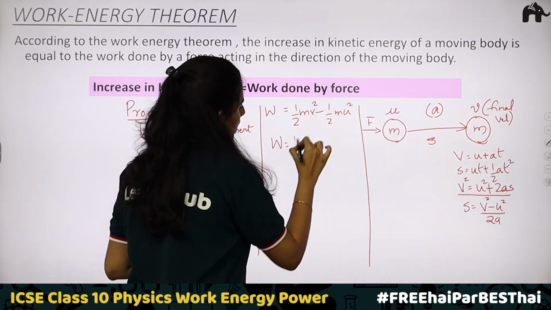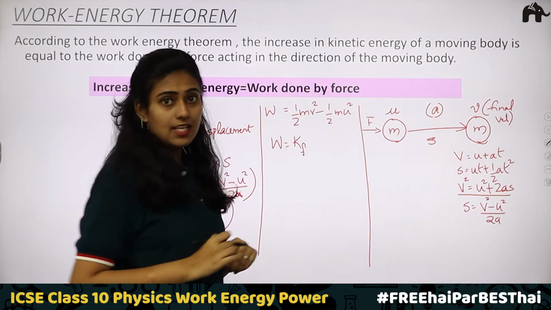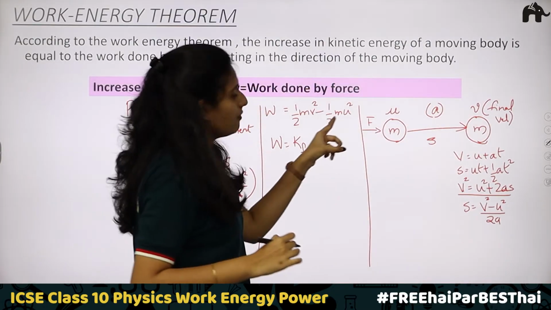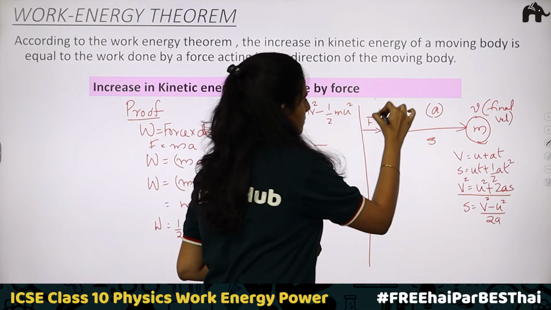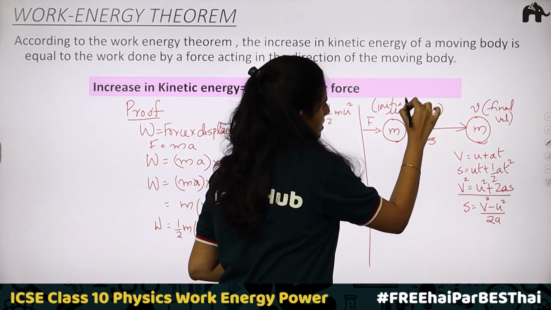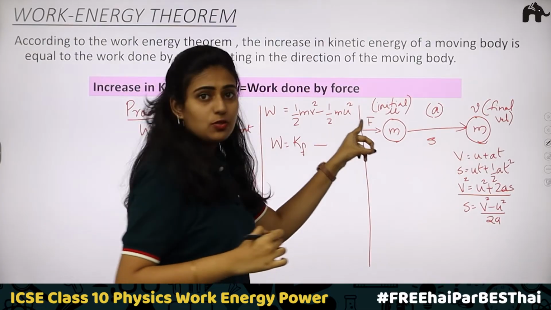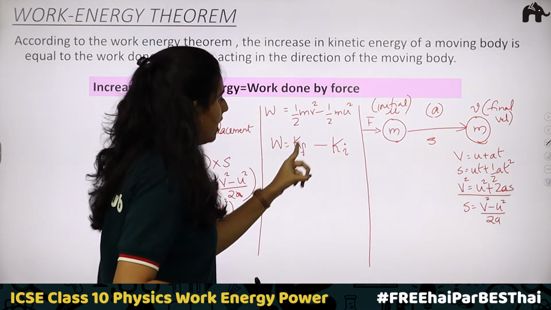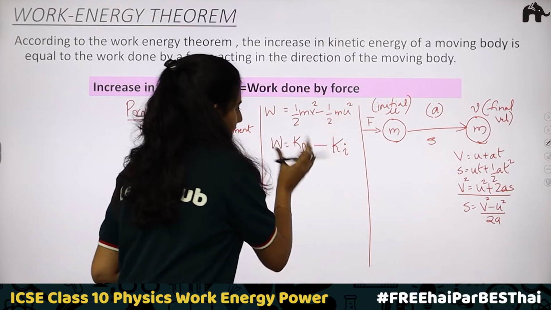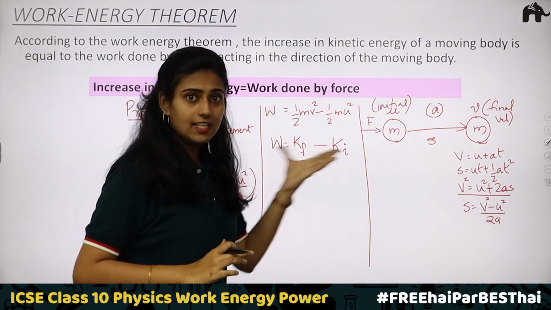Therefore, work is equal to final kinetic energy minus half mu square. U is the initial velocity, so half mu square is the initial kinetic energy. That is, W equals Kf minus Ki, where Kf is the final kinetic energy and Ki is the initial kinetic energy.